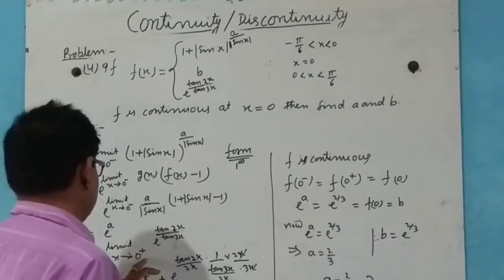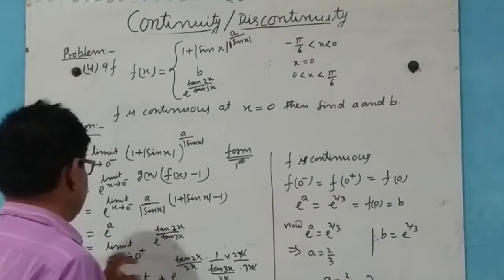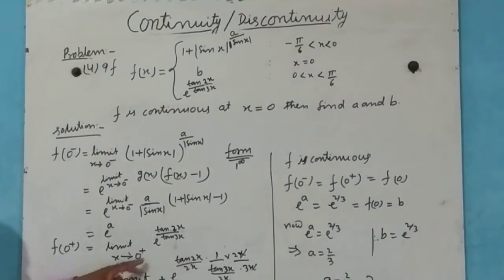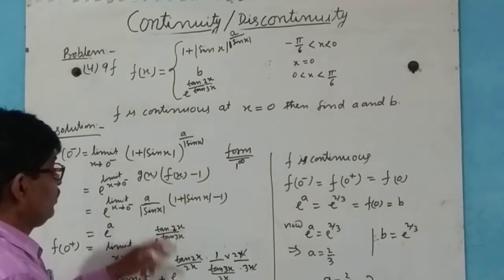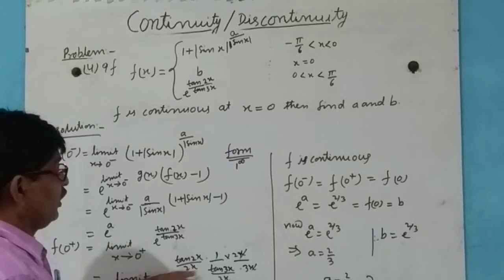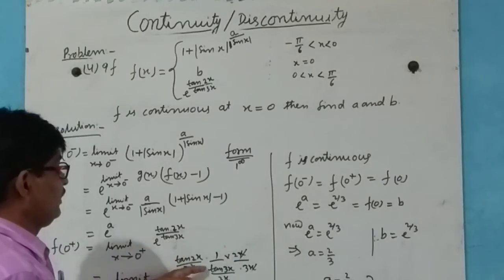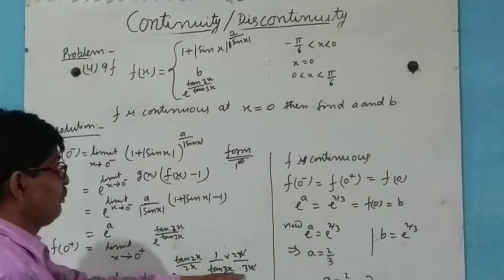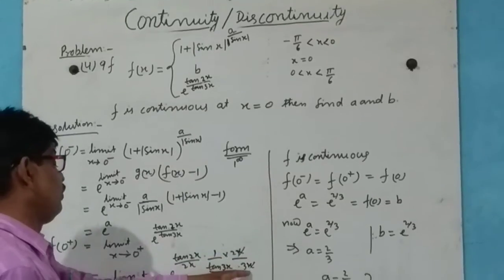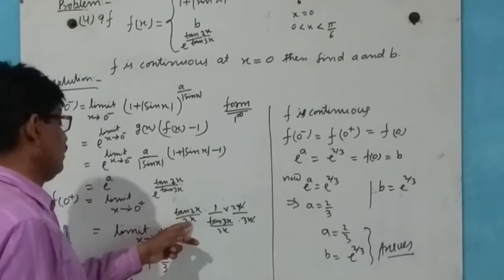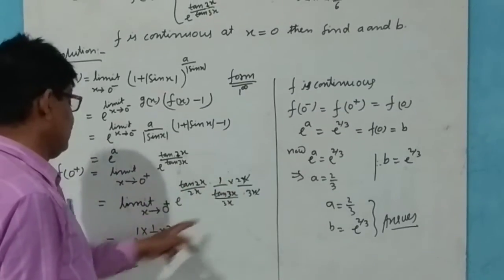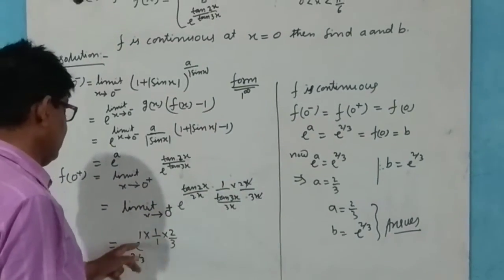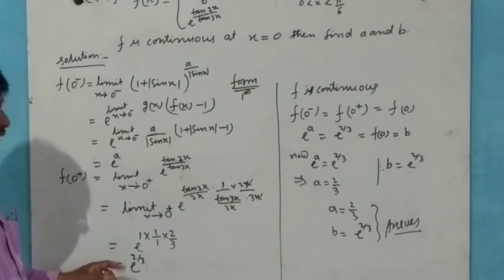Now we arrange this: e to the power, tan 2x by 2x, multiply this, and tan 3x divided by 3x, multiply this, x and x are removed. This is equal to 1, this is also equal to 1, 2 by 3 here, and so e to the power 2 by 3.